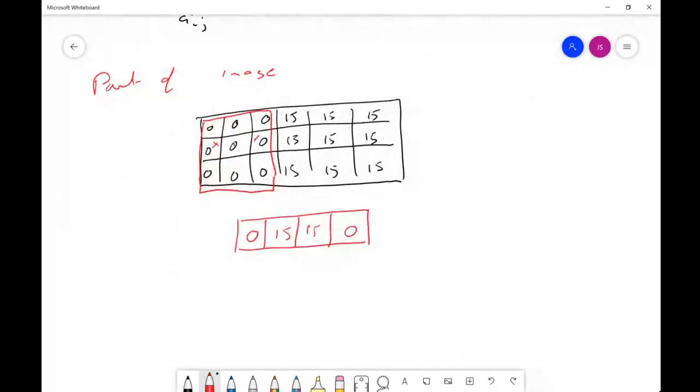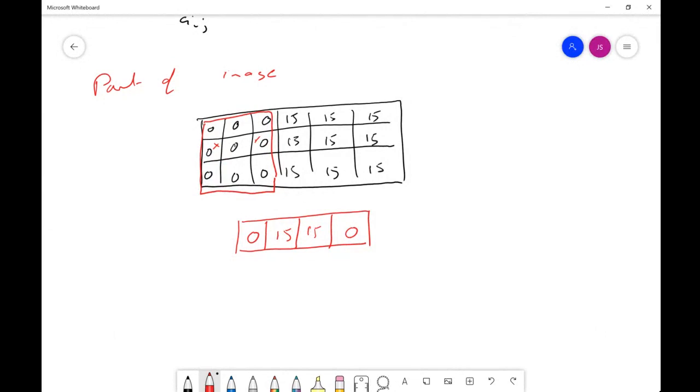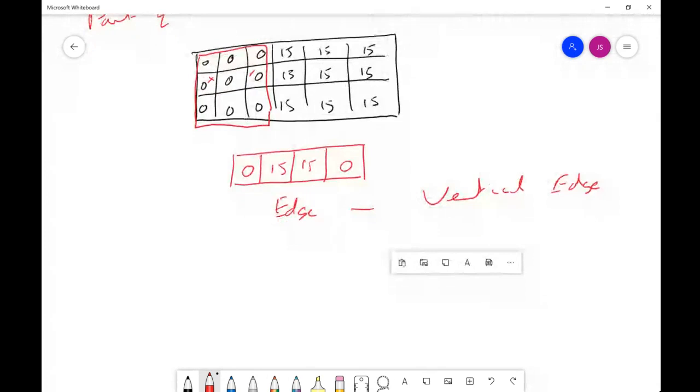We get an output when we traverse the black-white edge. And so this is the edge, but it is the vertical edge. And that was easy with old-fashioned analog electronics.